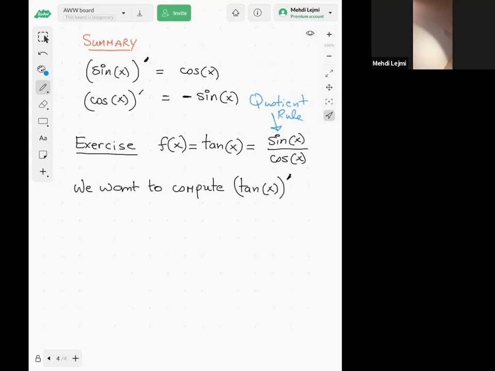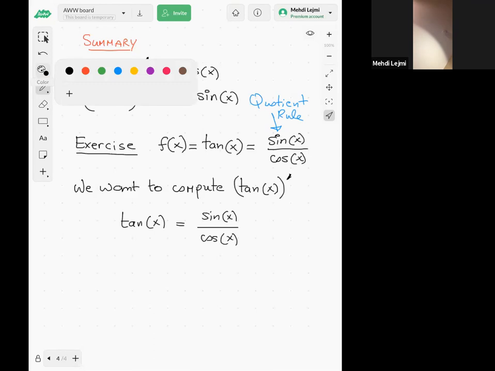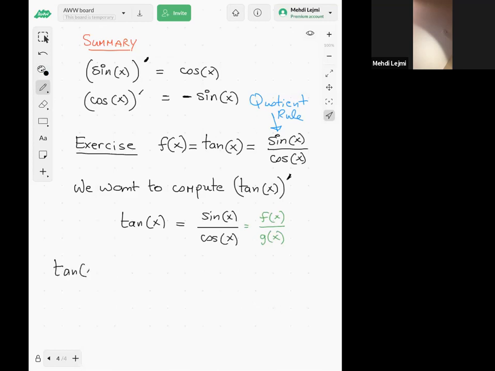My tangent of x is sine over cosine, so it's like f of x over g of x. What will be the derivative of f over g? Well, that's the quotient rule.